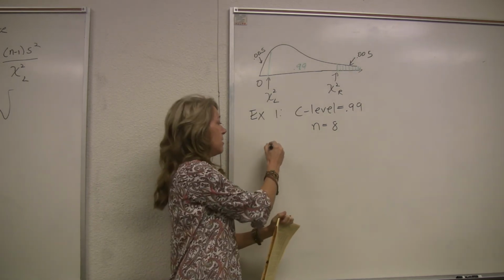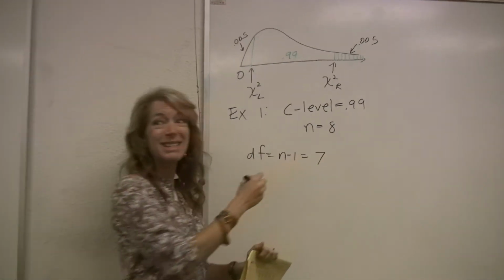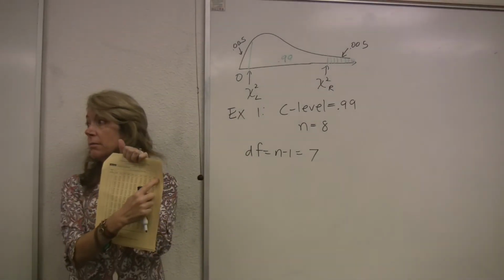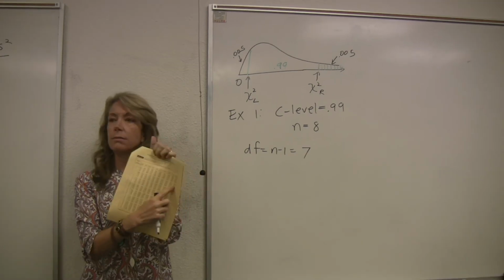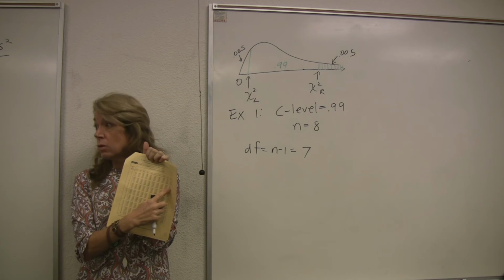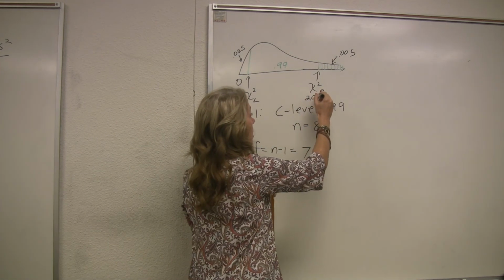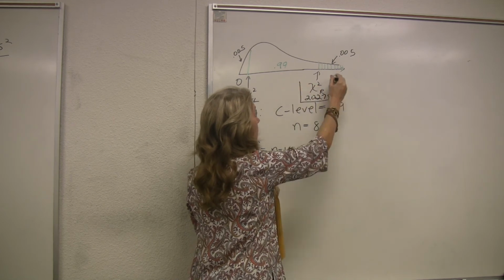I need my degrees of freedom, which is always n minus 1, which in this case would be 7. So the last column, down to degrees of freedom 7. And what do you find? 20.278. That's this number right here, 20.278. That's my chi-squared on the right.